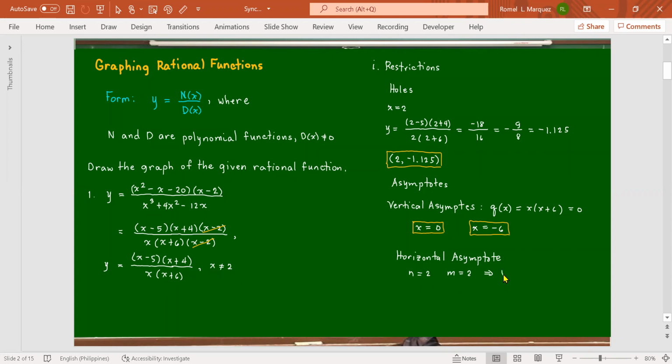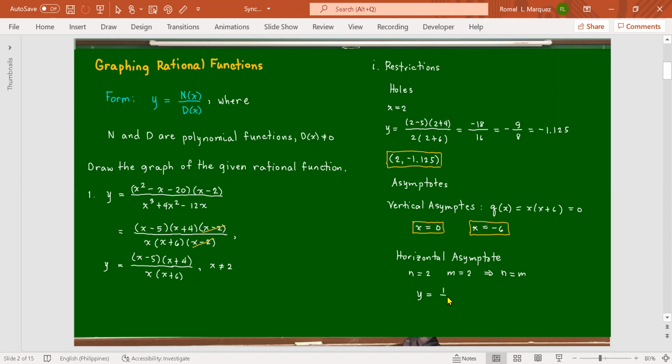So what is now our n? It is equal to m. Therefore, what is our conclusion? There is a horizontal asymptote, and that is equal to the coefficient of the highest power in the numerator divided by the coefficient of the highest power in the denominator. So we get 1 over 1.